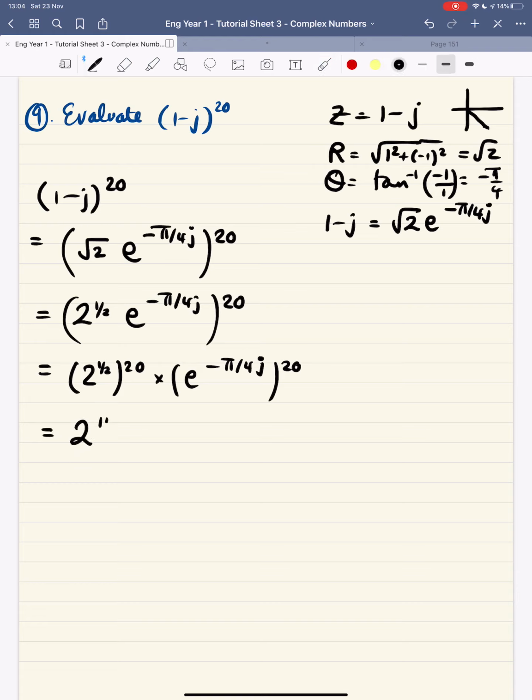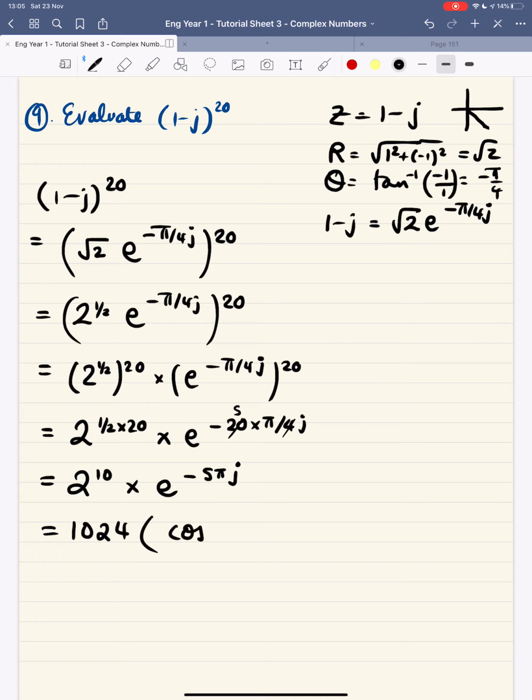So this is 2 to the half times 20 times e to the minus 20 times pi divided by 4j. So it's 2 to the power 10 times e, and then that 4 cancels, let's make a 5, minus 5 pi j. Okay. 2 to the power 10 is 1024. And then this is going to be cos of minus 5 pi plus j sine of minus 5 pi.